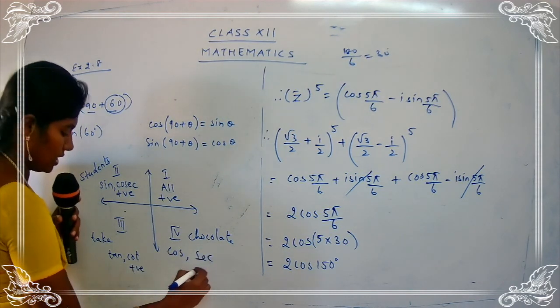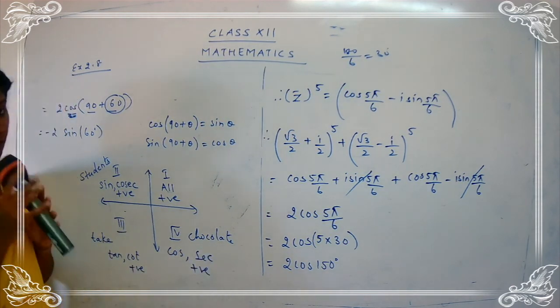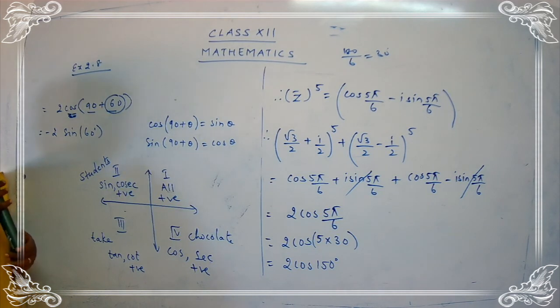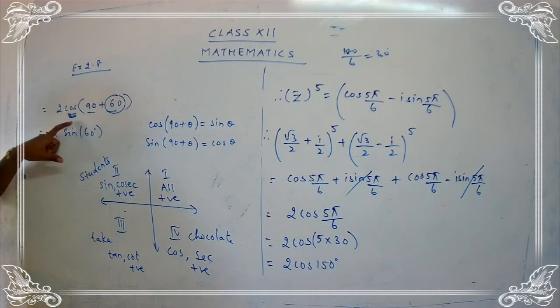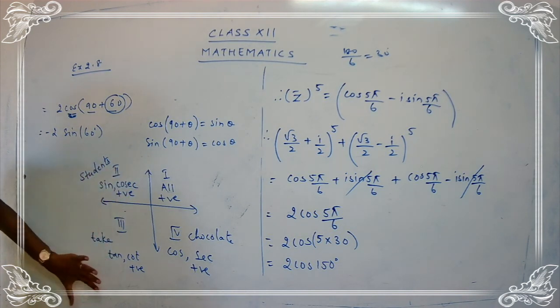So both are positive, and the remaining functions like sine, then tan, cot, cosec are negative. So here I was dealing with cos, so you have to take a negative sign. So 2 sine 60 degree. Just take down this table, children, and write down these 2 functions.